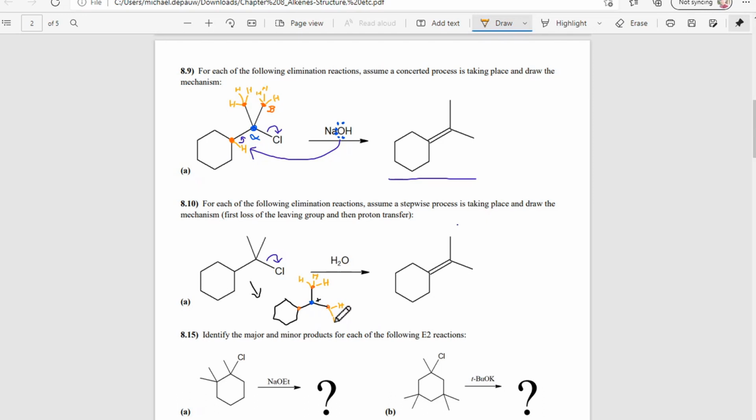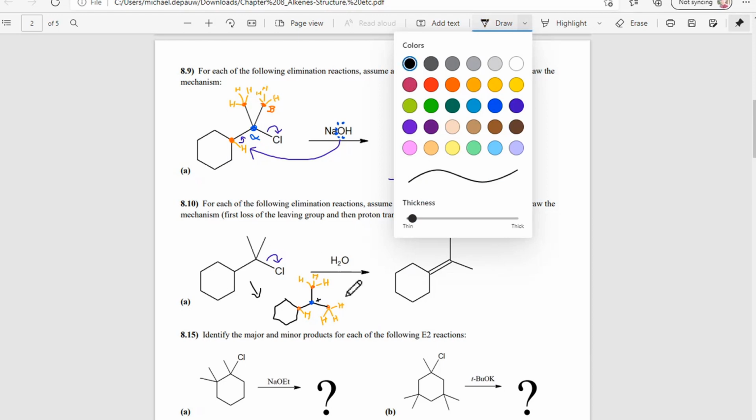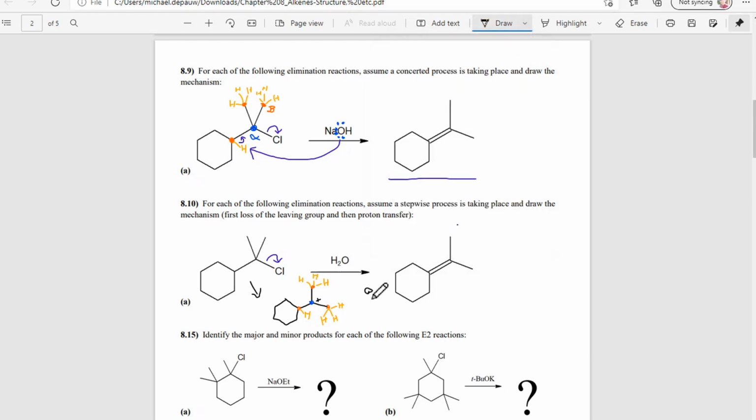Based on what you've already seen in the substitution chapter, what could you expect to happen here? What's one possibility? You don't know? That's okay. Water could potentially act as a nucleophile, right?